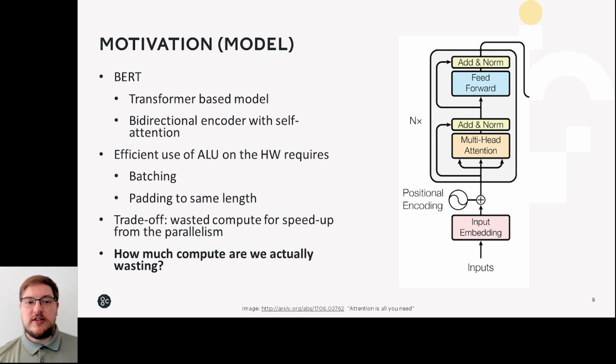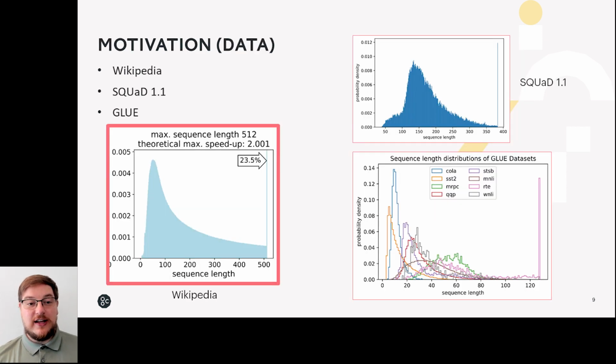But the question is, how much compute are we actually wasting? Here comes the answer. In looking at the data, we realized that in Wikipedia, if we use a max sequence length of 512 when generating the BERT dataset, a lot of the samples are in the range of around 100 sequence lengths.